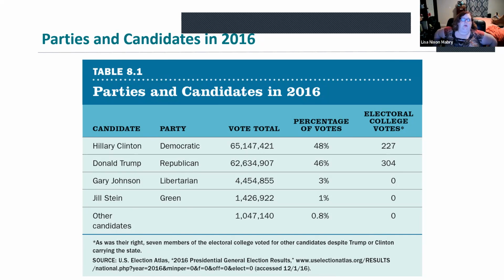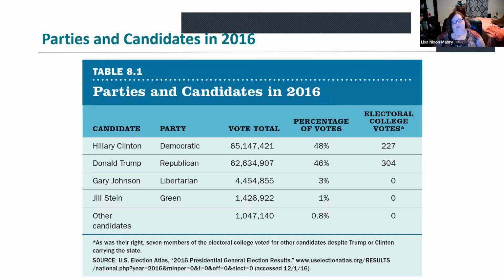So the people who are really involved in the major political parties get really irritated with third party candidates, but it also lends a very important voice that a lot of times would not be heard if just the two major parties dominated the conversation. And if you see here at the bottom, it says that 7 members of the Electoral College voted for other candidates despite Trump or Clinton carrying the state.